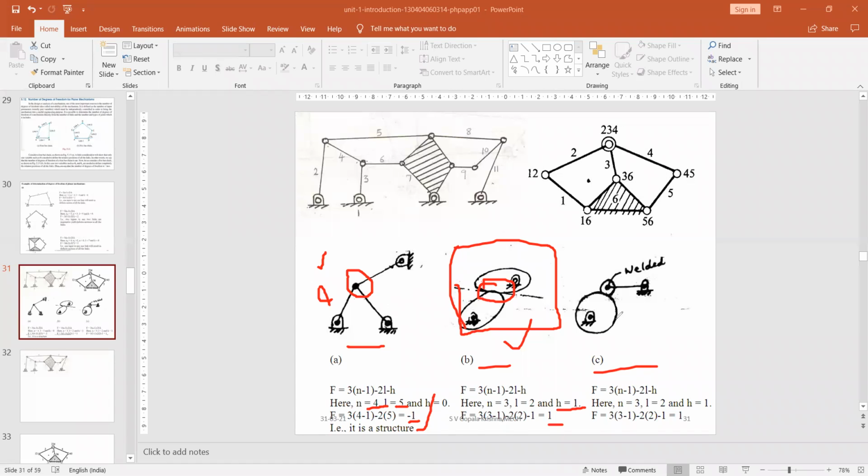Just observe that. How many links are there? One, two, and three. Three links are there.